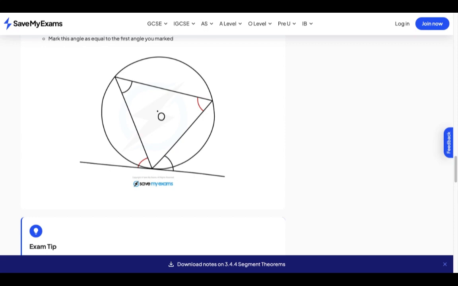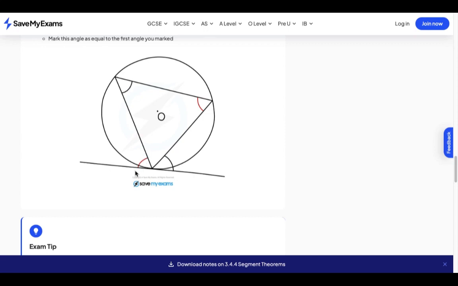We're going to draw this, so probably you can do it too. You need a tangential line. Then you draw a triangle on the circle, and the angle with the tangent on the right will be equal to the far interior angle on the left.